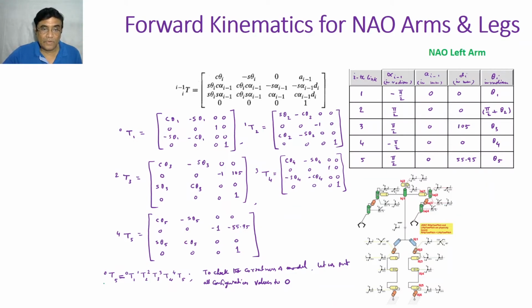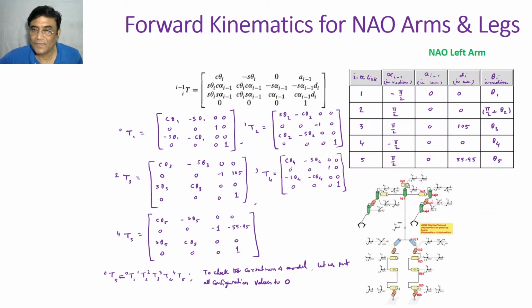What you will have to do, for checking, is put all the configuration values to 0. So the robot is actually in this position, meaning hands are like this.